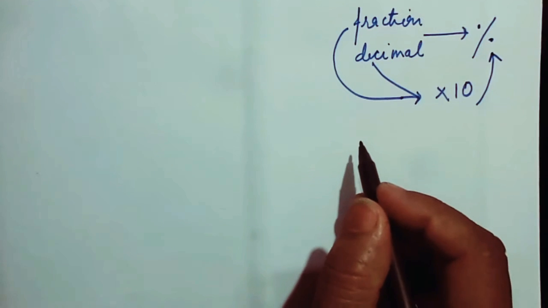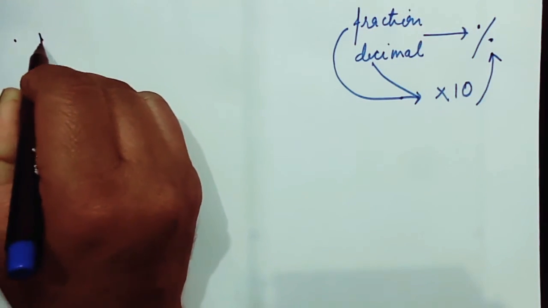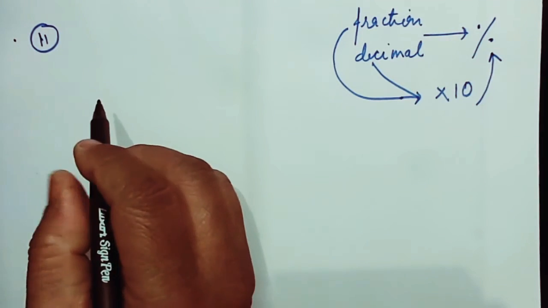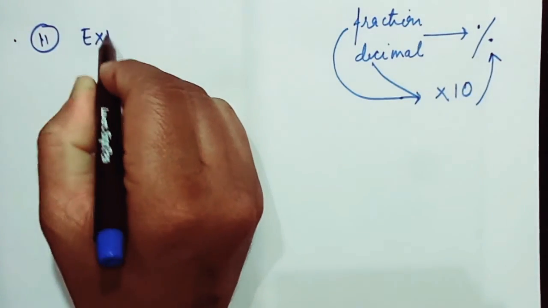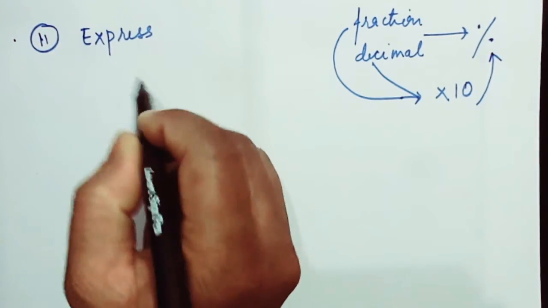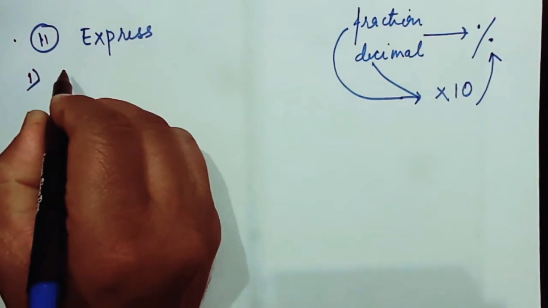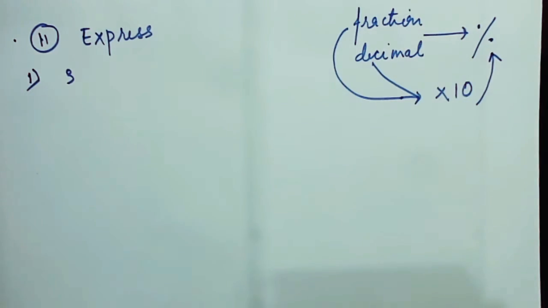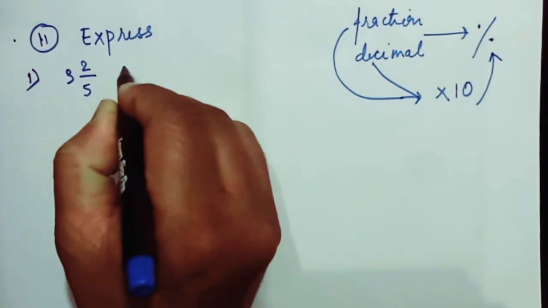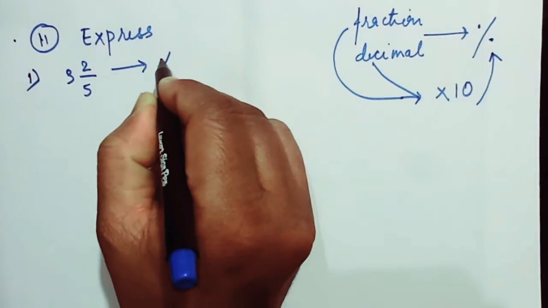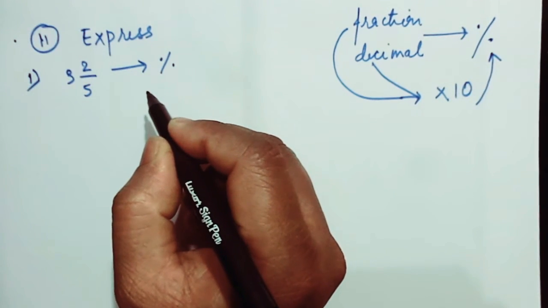Nothing is different. Here in number 11, what we find is that they have given us to express a fraction into percentage. So here we have 3 2 by 5 as percentage. What is special about this? Nothing is special.